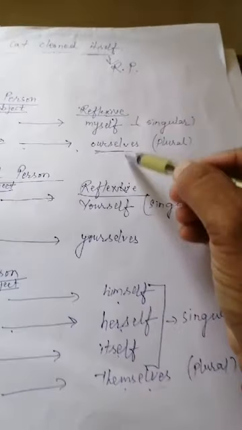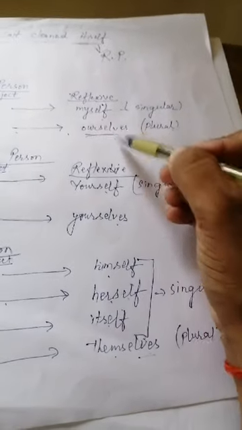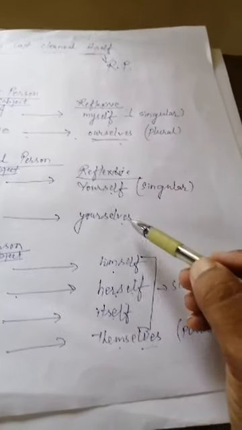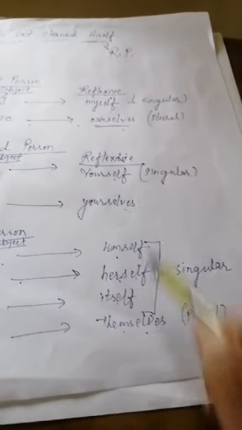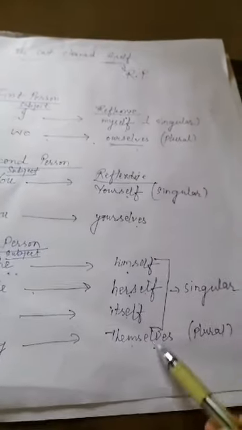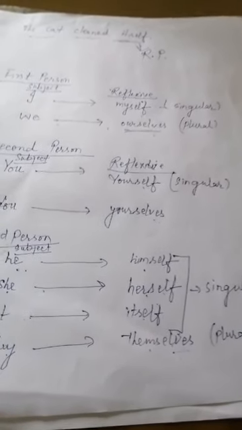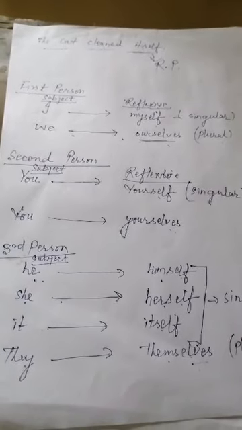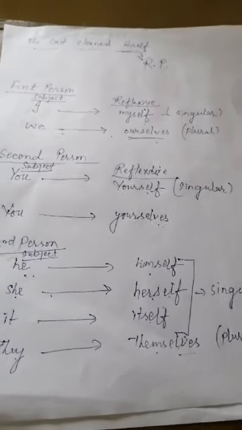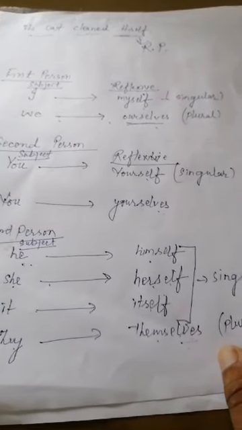My dear students, all these words are your reflexive pronouns: myself, ourselves, yourself, yourselves, himself, herself, itself, themselves. And reflexive pronouns reflect the action of the subject upon itself. We have also seen some examples.